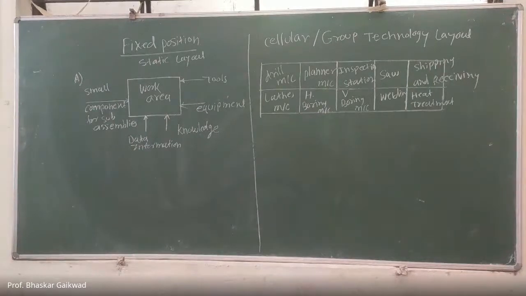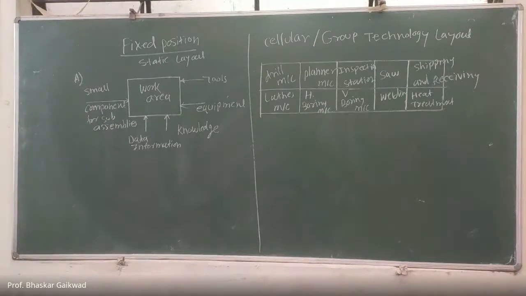After that, heat treatment, all types of heat treatment, case hardening, through hardening, surface hardening or induction hardening, should be in one place. And after that, the assembly, and dispatch and receiving of components from outside. Like this, the layout is called a group layout or cellular layout.